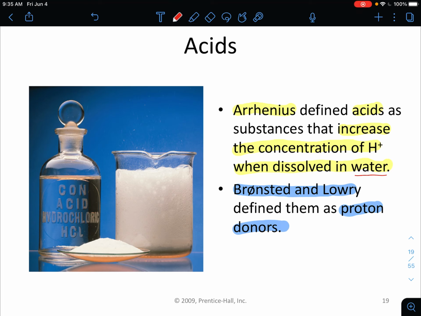So proton equals H+, right? The hydrogen atom contains one proton and one electron. So if instead of writing H, the atom, we write H+, then that's just referring to proton, and acids are going to behave as proton donors.